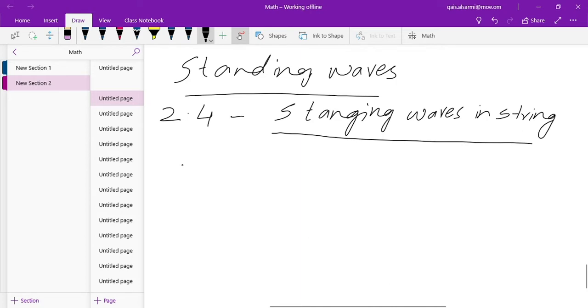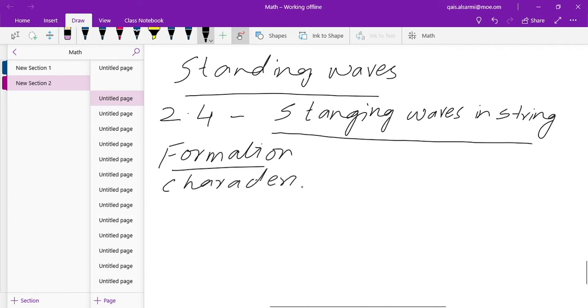My lesson is divided into a few parts. The first part is how standing waves are formed, so it's related to the formation of standing waves. The second part is to discuss the characteristics of standing waves.